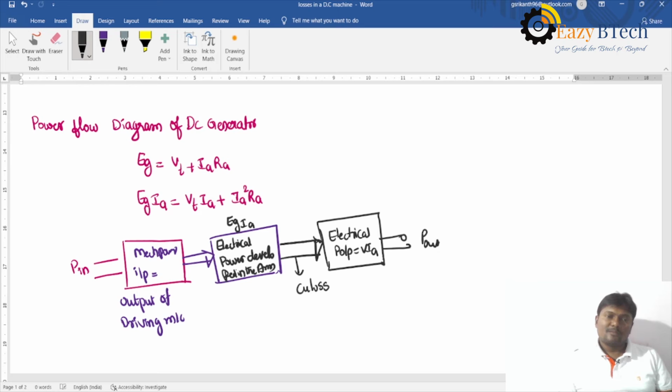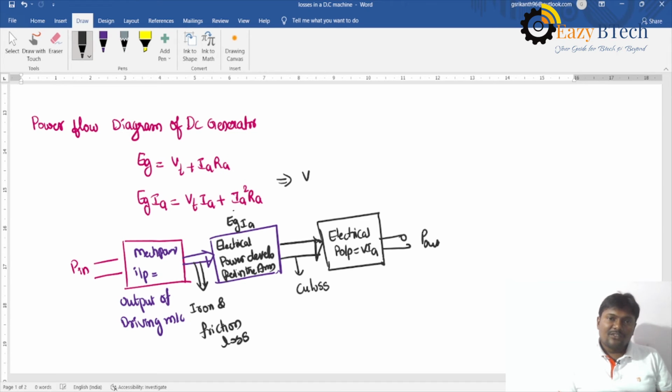This is power output. From this mechanical power, if we subtract the iron and friction losses, that is called the stray losses, then I am getting the power which is developed in the armature.